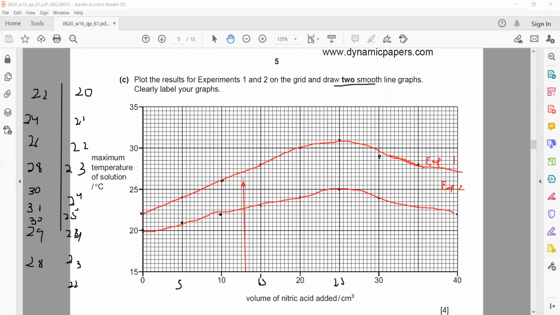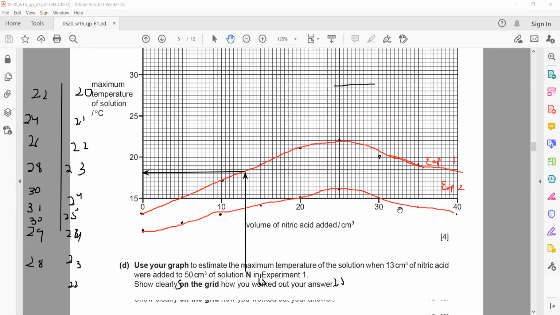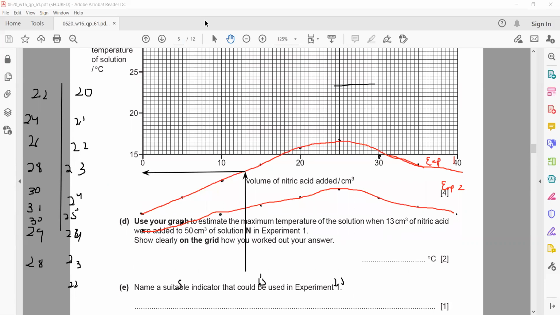So we'll draw a line from 13 and find the temperature. So that is 26, 27. So the answer for this part is 27.